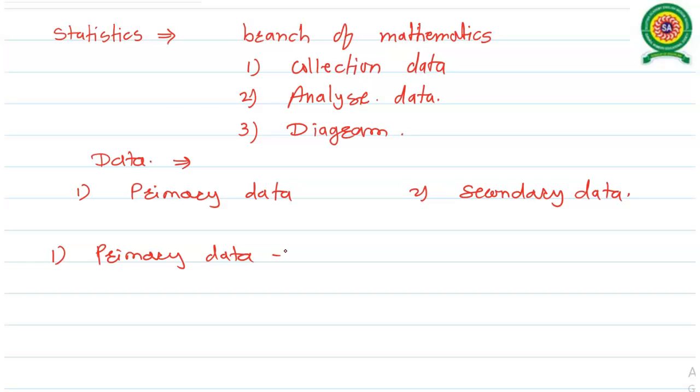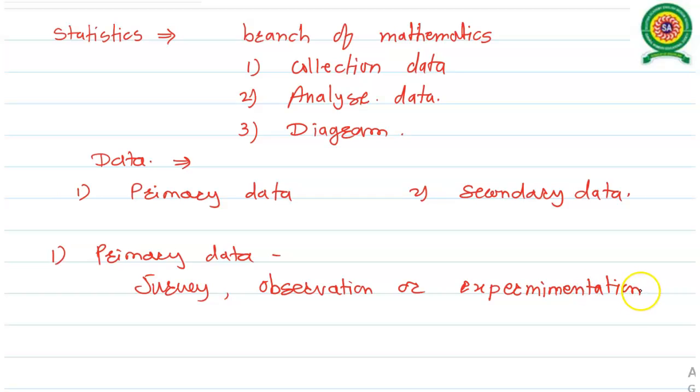The data collected by survey, observations or experimentation is called primary data.